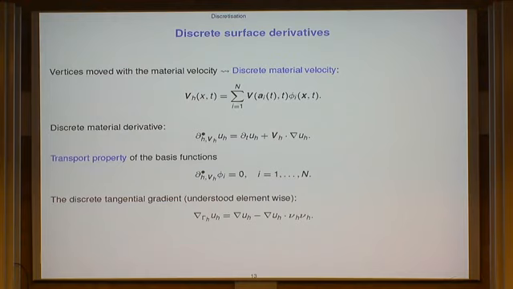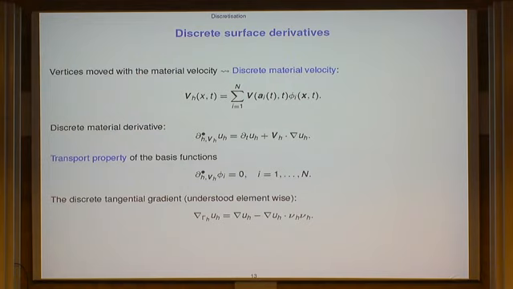And then I can write down the material derivative of a function on the triangulated surface with respect to this material velocity. And Dziuk and Elliott in their 2007 paper showed this remarkable property that the material derivative of the finite element basis functions, with respect to the material velocity of the triangulated surface, is 0. And this proves particularly useful in the numerical method.